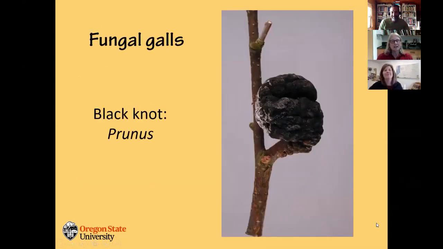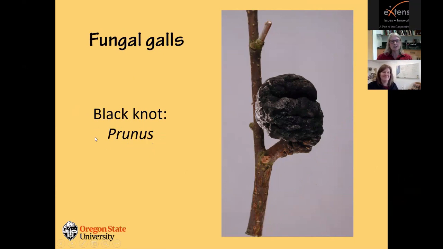All right, fungal galls. These are far less prevalent than insect galls, but you still might see them. There are specific galls that are very noticeable. One is this gall here called black knot, and I keep moving my cursor around because I lose it otherwise, so I hope it's not annoying you.